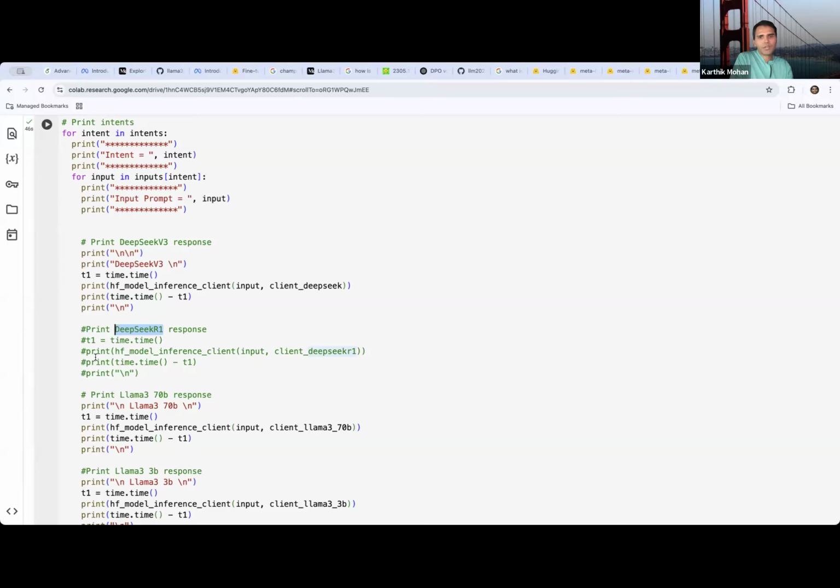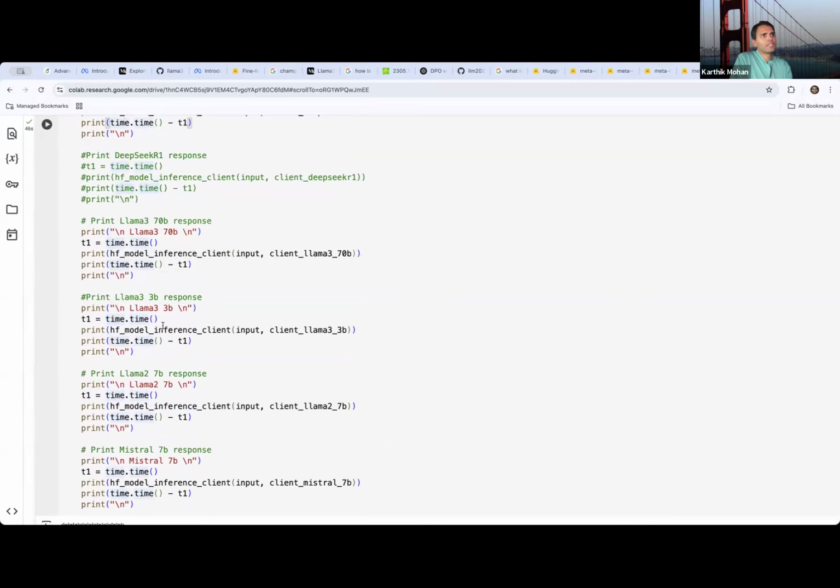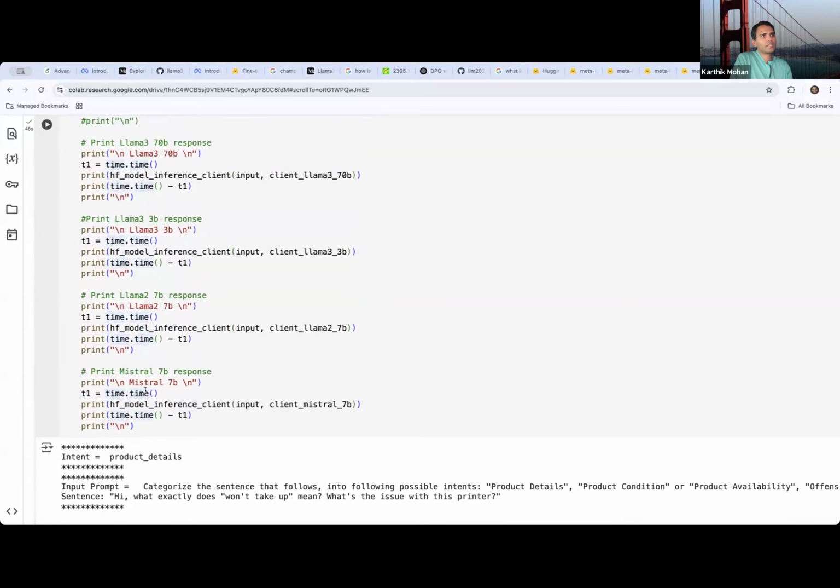You're charged by output tokens, so you'll quickly start to exhaust the credits you might have. These inference providers do give you free credits to begin with, so you can start from there, but then you'll pay as you go based on your usage, right? So you may have to set that up as well. So I'm ignoring DeepSeek R1 for now and just looking at DeepSeek V3, Llama 3 70 billion, Llama 3 3 billion, 7 billion, Llama 2 7 billion, and then Mistral 7 billion as well.